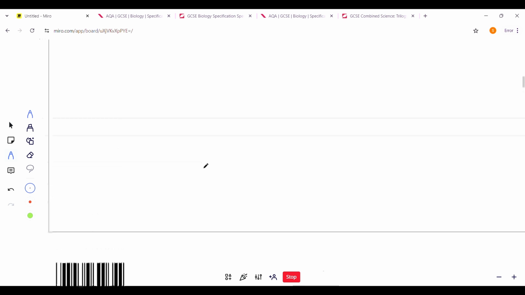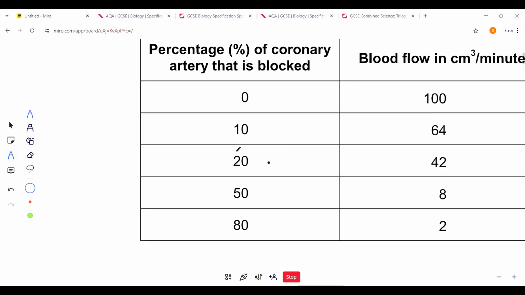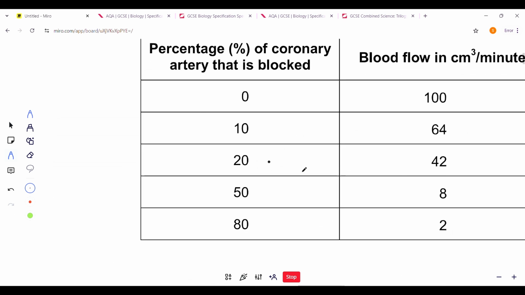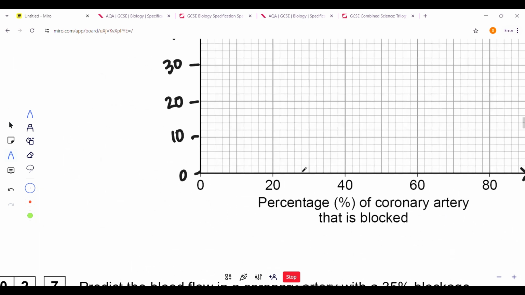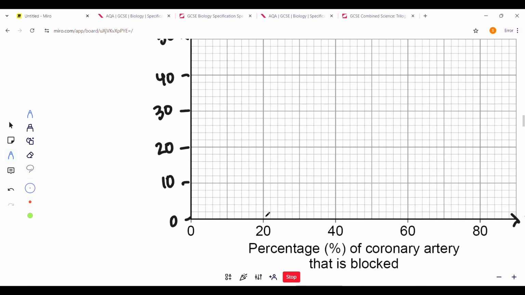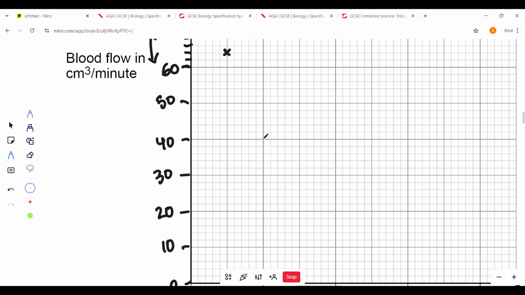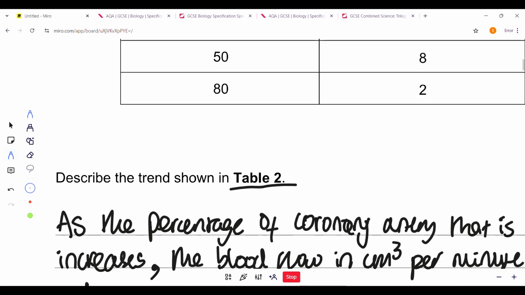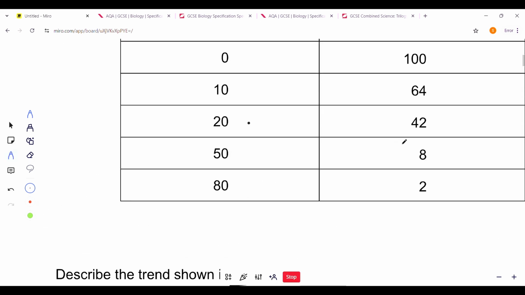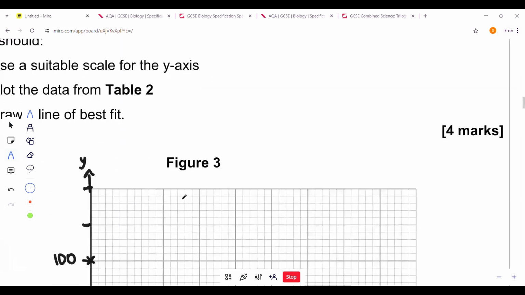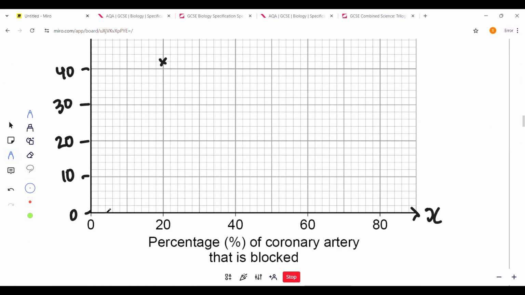Right, so next one. 20 and 42. So now we can go up to 20 and then move up to 40, 42. Right? And then we go up to 50 and 8. Go up to 50 here, would be here.